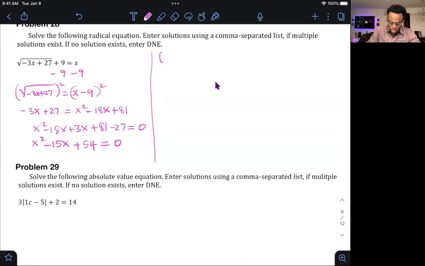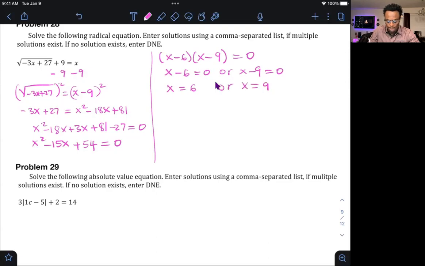So that is x minus 6 times x minus 9 equals 0. By the zero product property, x minus 6 equals 0, or x minus 9 equals 0. So x equals 6 or x equals 9.